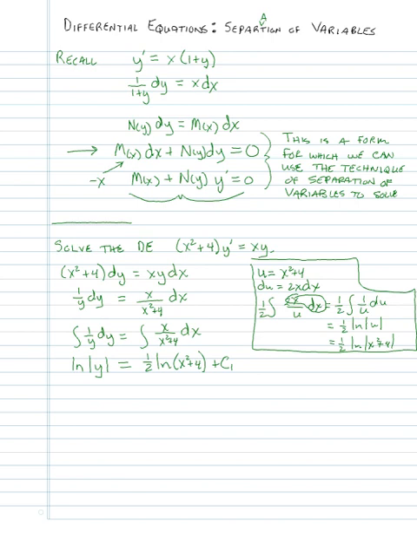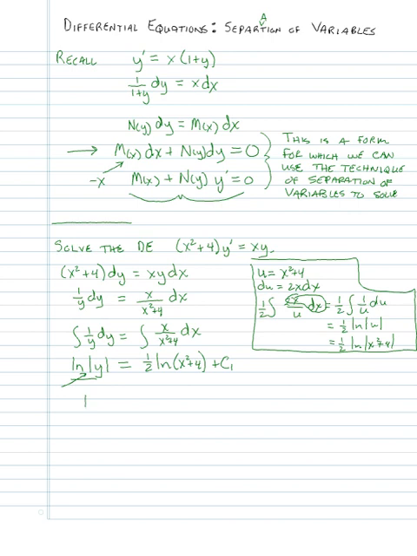Okay, so now we're going to use a little algebra magic, and that's what we have to spend a great deal of time on. When the natural log is equal to something, that means the base of this logarithm, which is e, to the power that is on the right side, is equal to the argument.